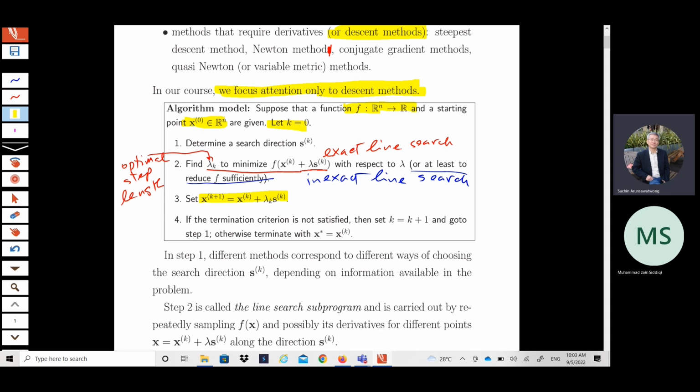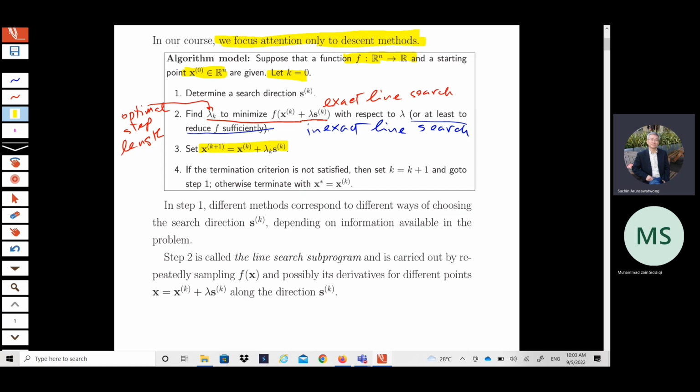Whatever method you use to compute the search vector sk, we still need to solve a one-dimensional optimization, and this is why the previous topic is very important. If you fail to solve that problem, whatever method you use to compute the vector S, you can't solve the problem.